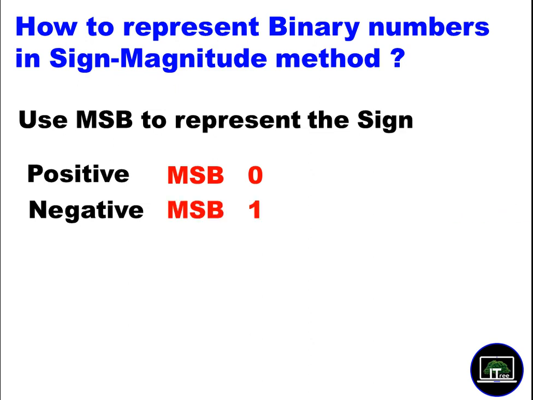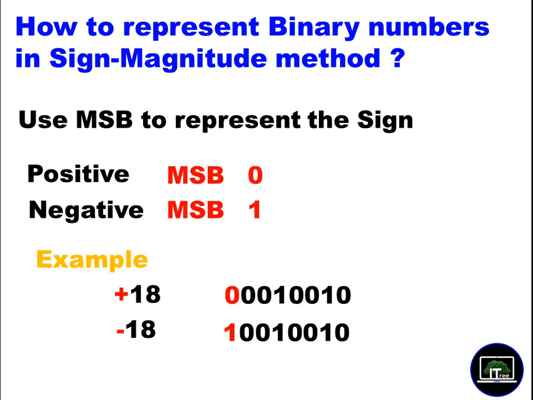So in computers, we use binary numbers. When we use sign magnitude representation, we use the MSB, the most significant bit, to represent the sign of the number. MSB 0 is for positive numbers, MSB 1 is for negative numbers, something like this. You can see this is the sign.